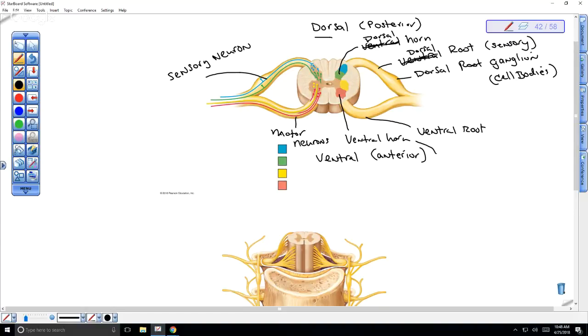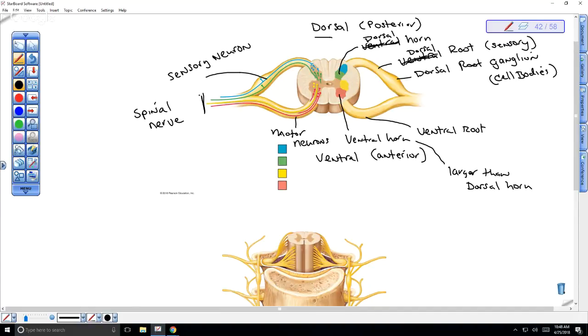So I'll put ventral horn larger than dorsal horn. Okay. So where those roots come together, right here, this is the spinal nerve. So this is why all spinal nerves are mixed. They have a sensory and a motor function.